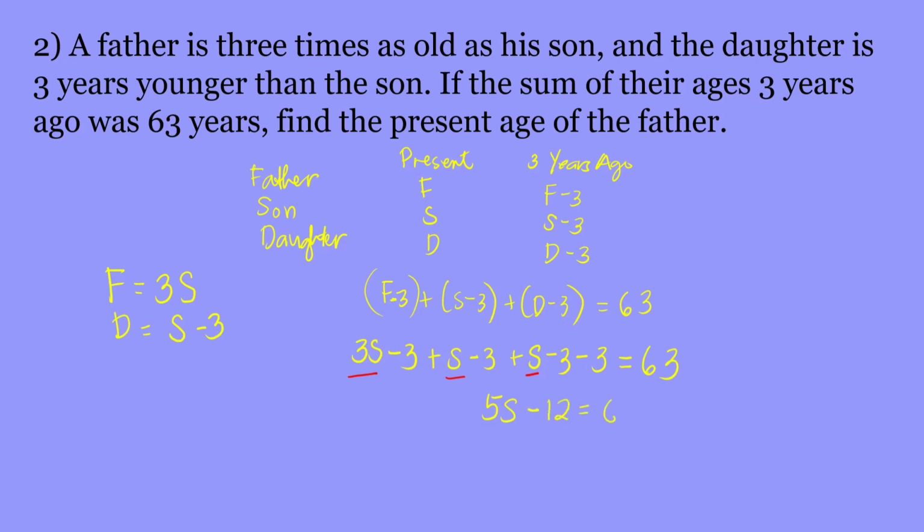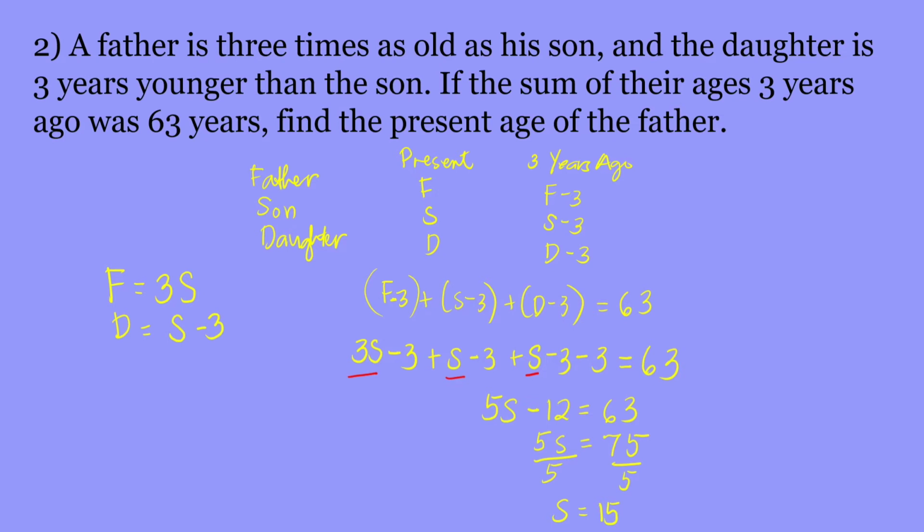Okay? Equal to 63. So with this equation, we have 5S equals 63, and negative 12 transposed to the right side. That will give us 63 plus 12, which is 75. Okay? And then divide both sides by 5. Letter S is equal to 15.